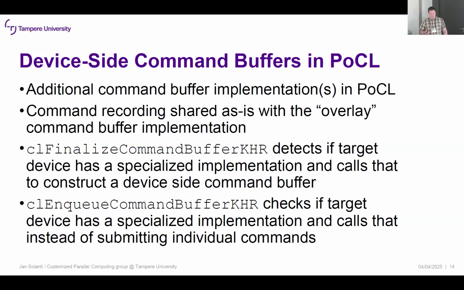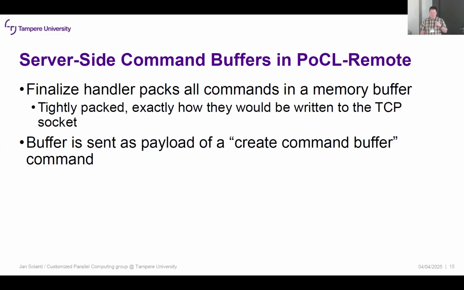Then the finalize and enqueue command buffer functions check if the backend that you're trying to submit the command buffer to or creating it on has specialized support. If it doesn't, it just doesn't tell the backend about it and pretends it's an overlay. And if the backend does support the specialized implementation, then it invokes the specialized implementation instead.